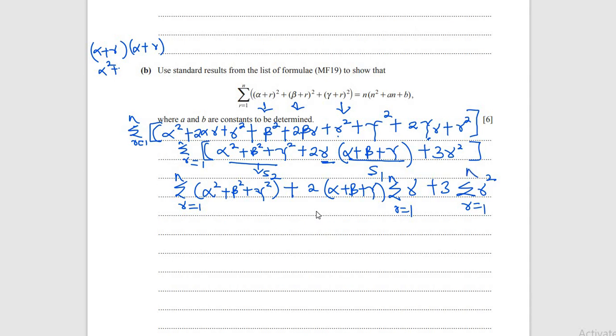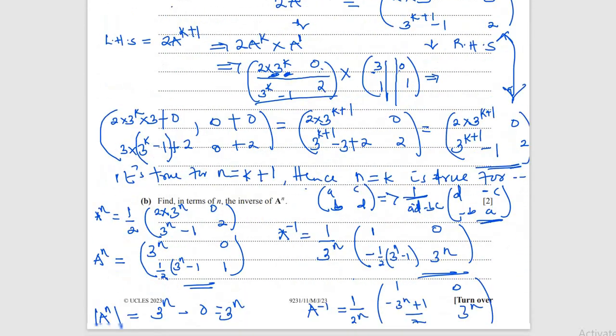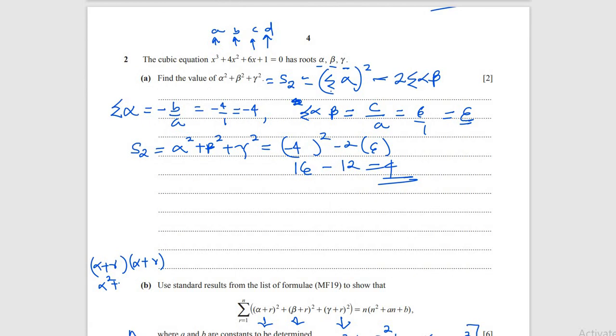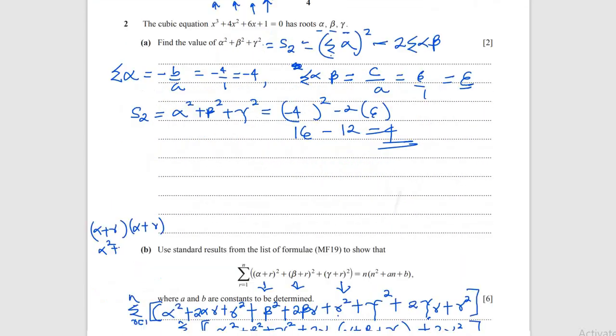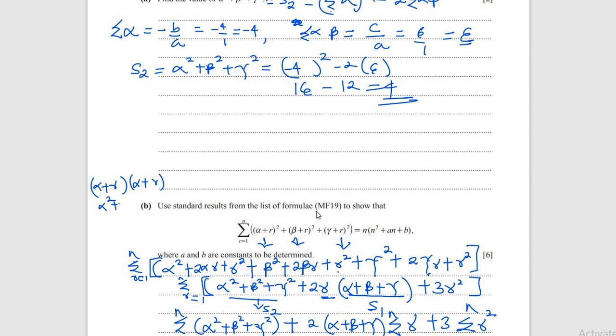So from here, what is alpha squared plus beta squared plus gamma squared? They asked us in the first question. From the previous question, we have alpha squared plus beta squared plus gamma squared is 4. Can you see it?